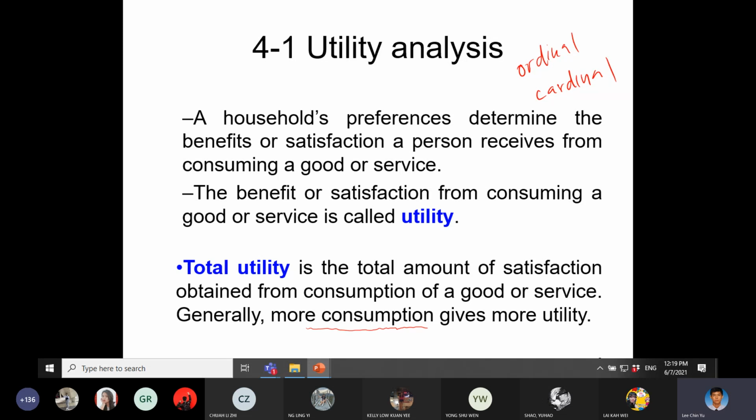So we assume the person is rational, meaning that people only consume the good that will give them utility. No problem. Some of you might say, what if I consume a good that will not give satisfaction? Is it possible? Possible, but in reality, we assume the person is normal. When the person is normal, they only consume goods that will give them utility or satisfaction.